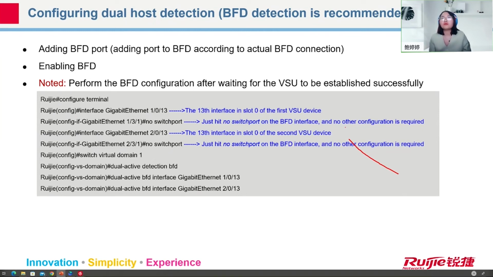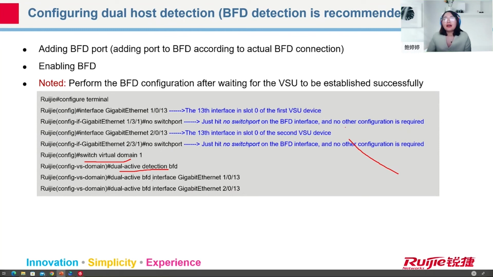So you have to change it to become layer 3 on the BFD interface. And then in VSU domain 1, configure dual active detect BFD, and show which is your BFD interface. That is enough. And pay attention to this part.